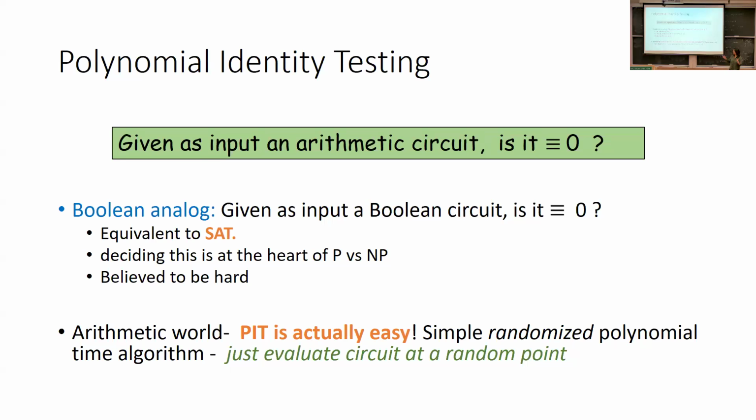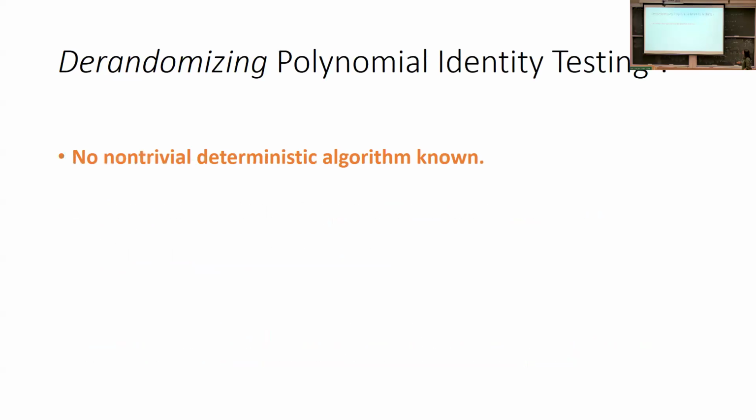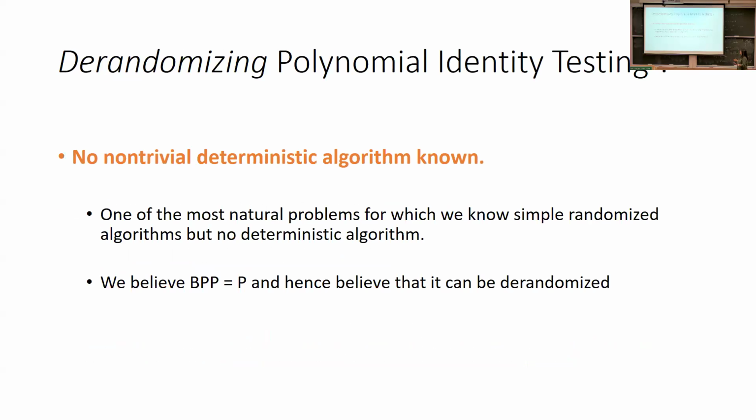And so it's one of the problems where we have a really simple, nice, natural randomized algorithm, but we do not know any non-trivial deterministic algorithm for this problem. I think it's one of the most natural problems for which we know such a nice, simple randomized algorithm, but nothing deterministic.